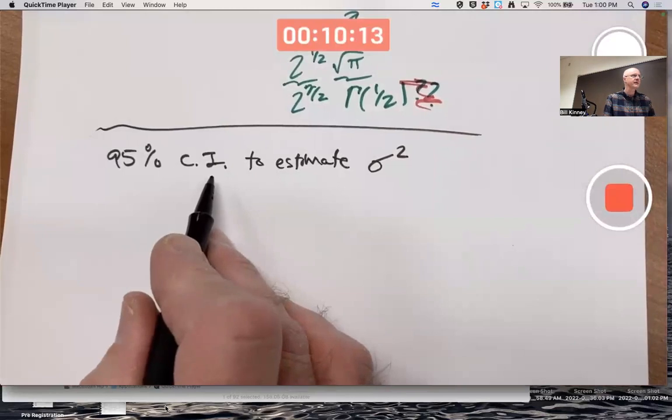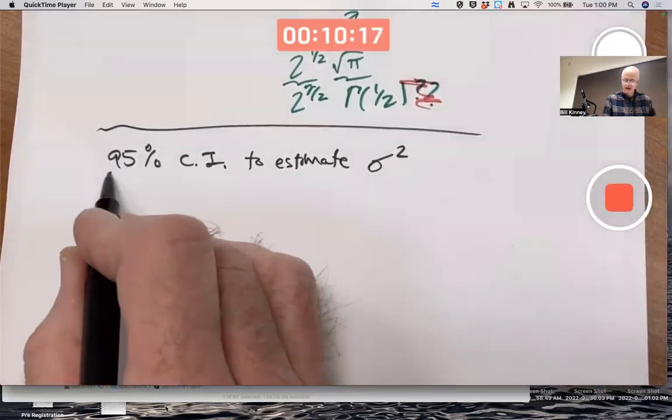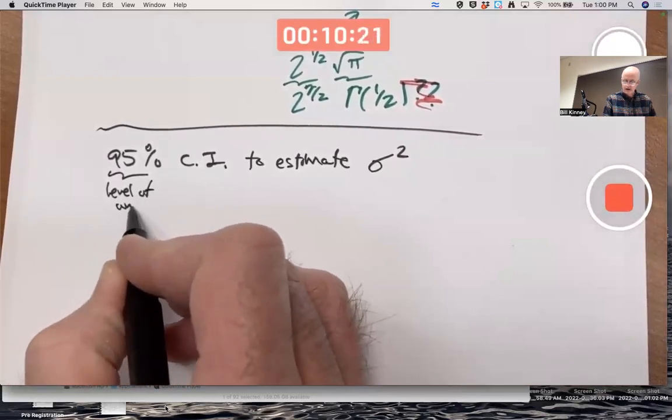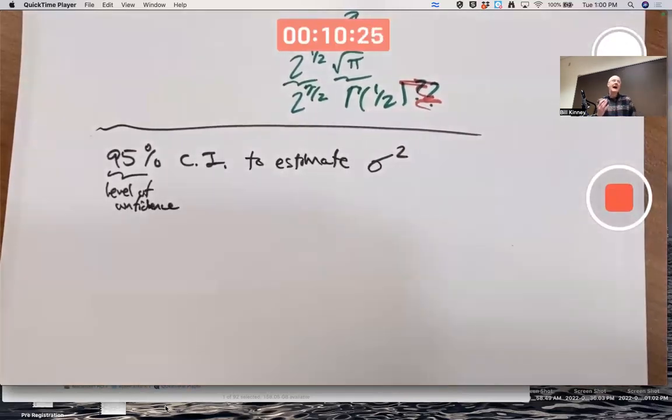CI stands for confidence interval. The 95% is called your level of confidence. The higher your level of confidence, the more confident you are that the interval captures the true parameter value. Why don't we go for 100%?